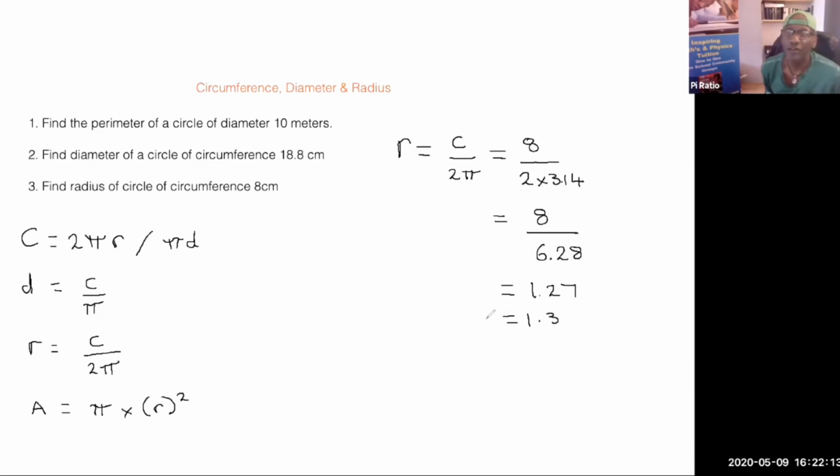That will be your radius. And that is how you find radius, diameter, and circumference.